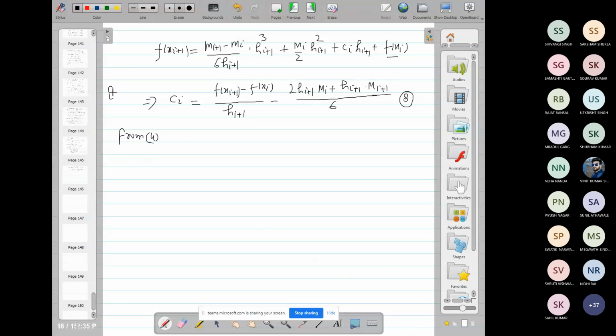So at the point xi and xi plus 1 is the sub interval. So at the point xi the slope of two curves will be same.